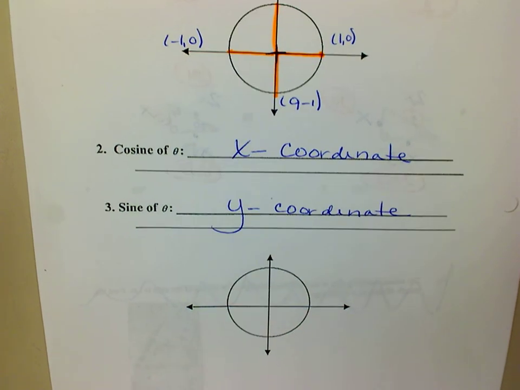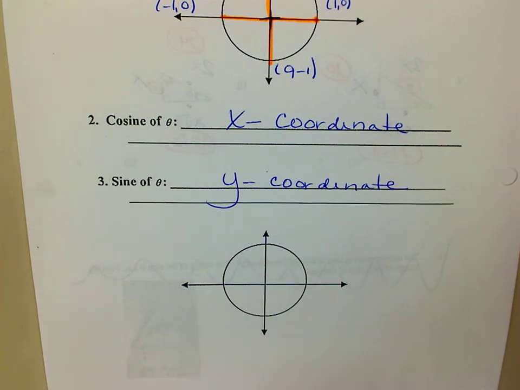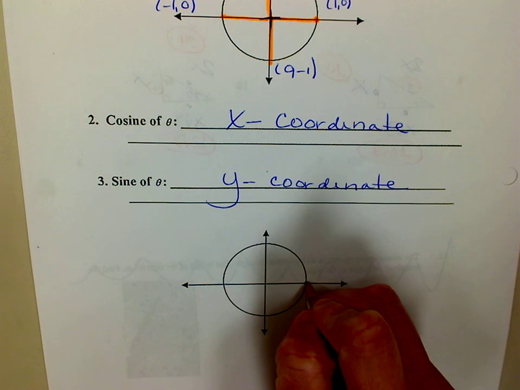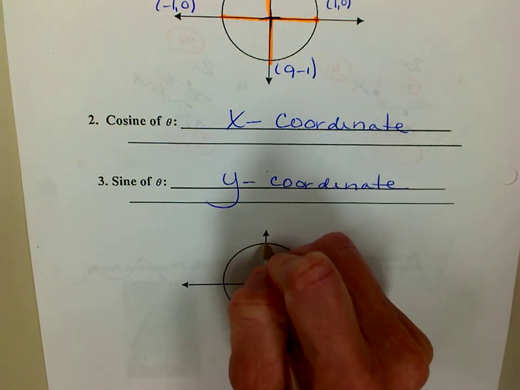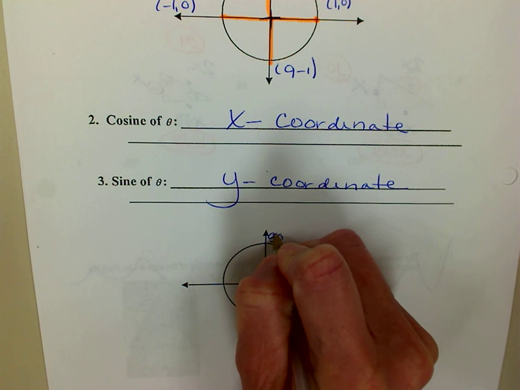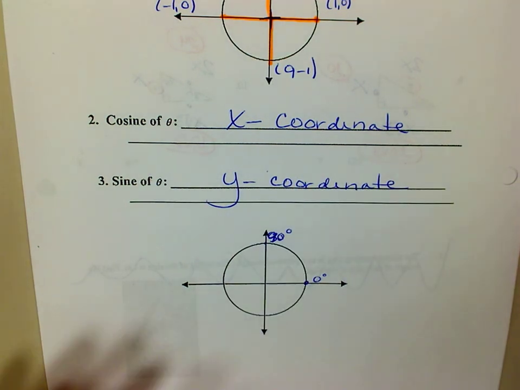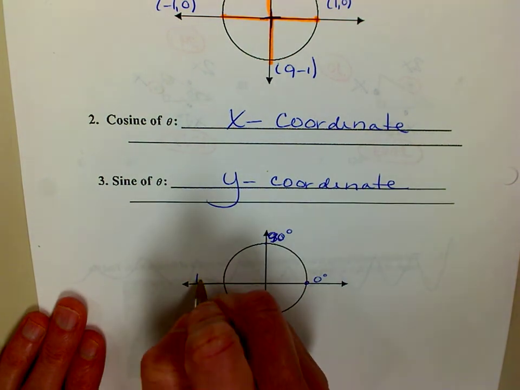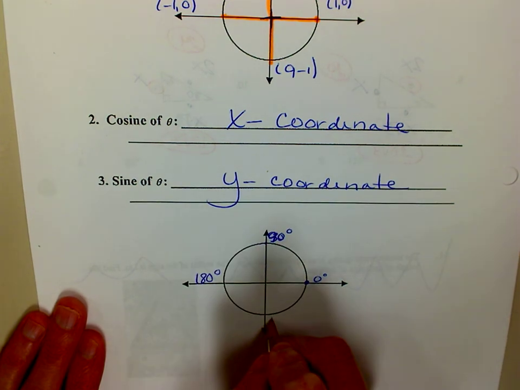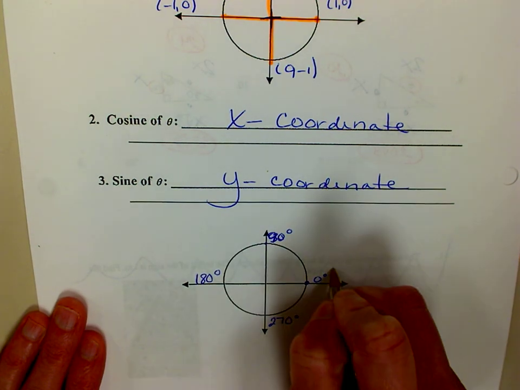All right, down here we have another unit circle. So if you recall back from lesson 8.1, we said that was 0, that was 90, this was 180, this was 270, this was 360.